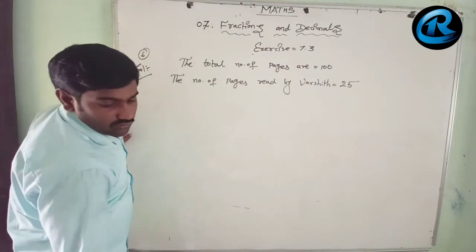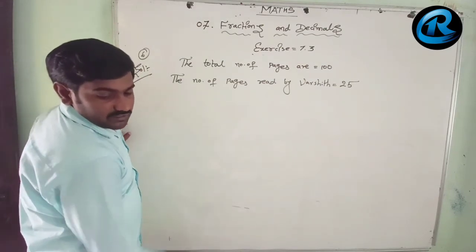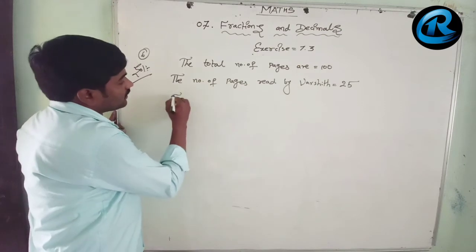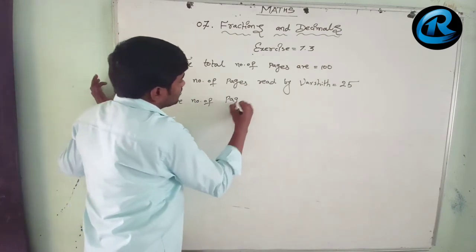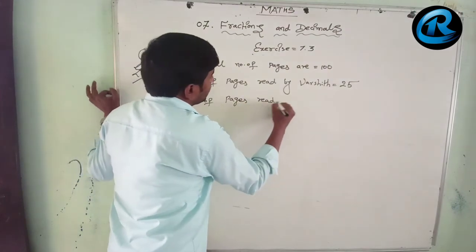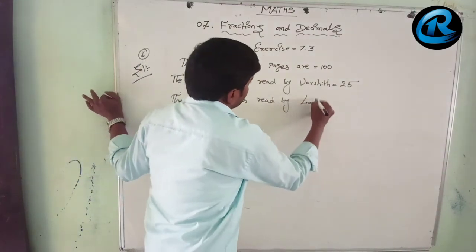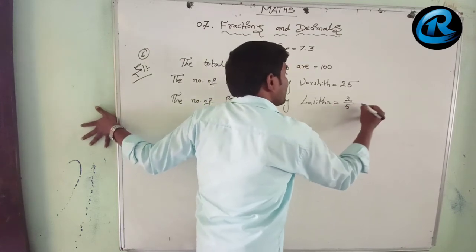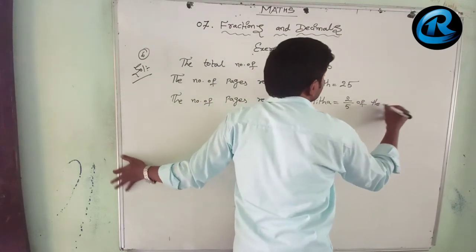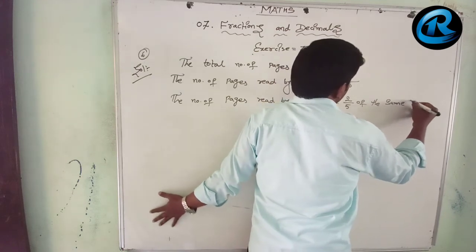Then there is one more girl. The number of pages read by Lalita is equal to 2 by 5 of the same book.